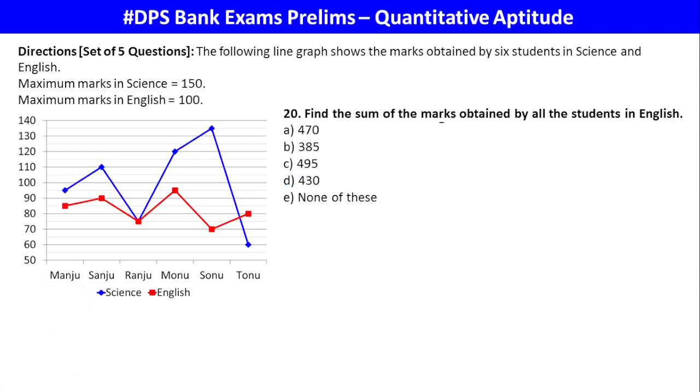Find the sum of marks obtained by all the students in English. In English we need the total sum. 85, 90, 75, 95, 70, 80.